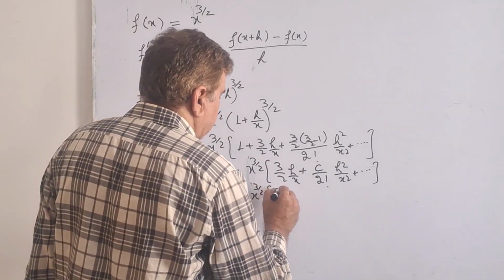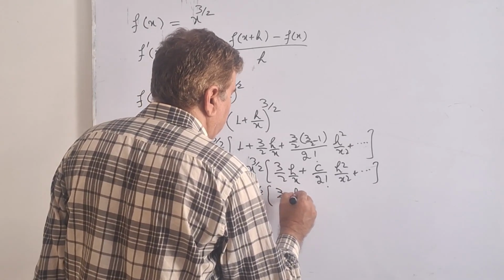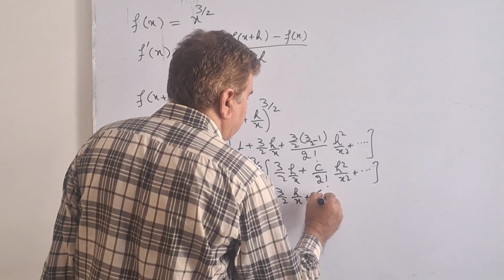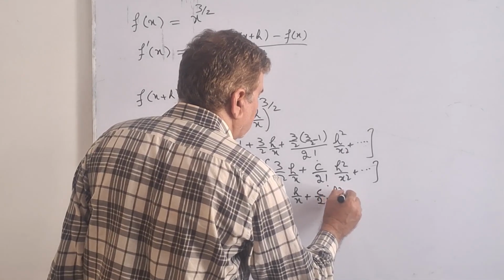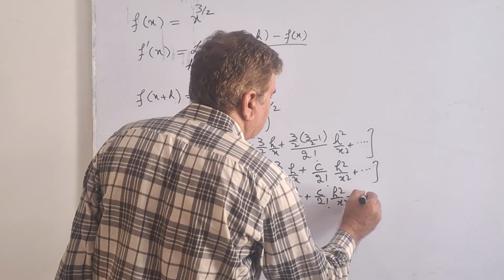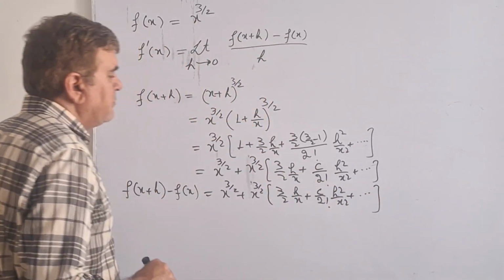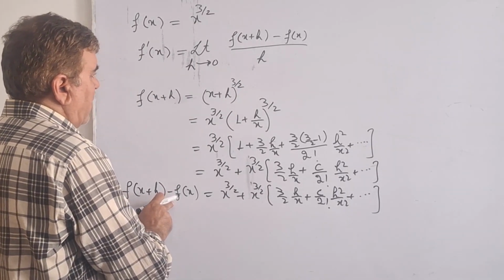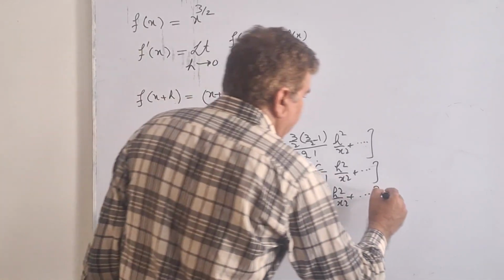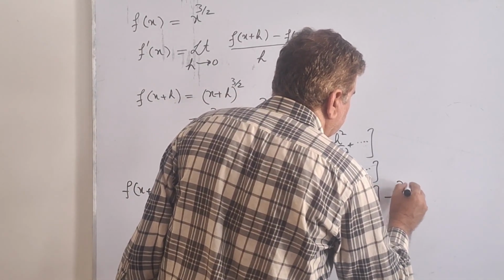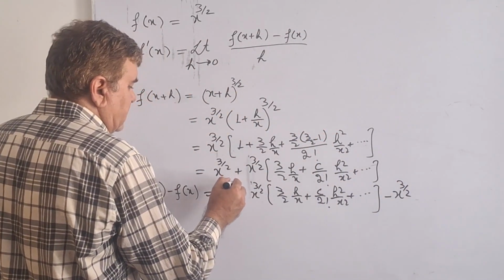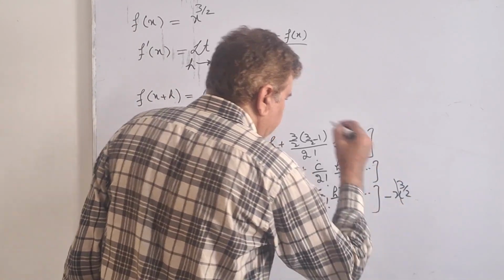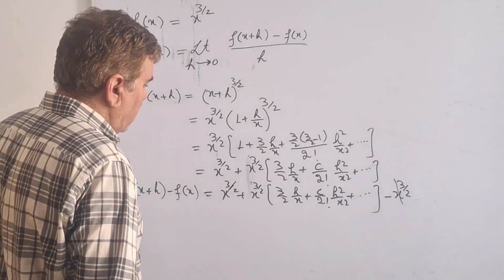So that's 3 divided by 2 into h divided by x plus c divided by 2 factorial h squared divided by x squared plus so on. And then I subtract the value of f of x, which is this, so I write that minus x power 3 divided by 2. This x power 3 divided by 2 and this x power 3 divided by 2 give 0.